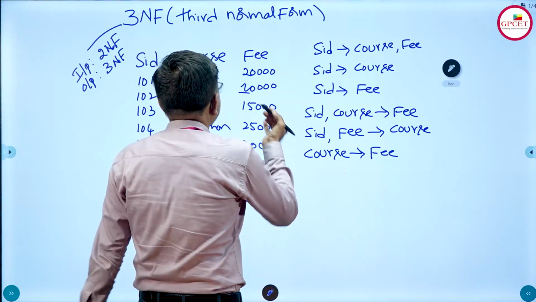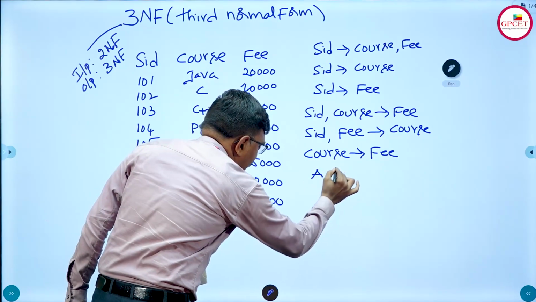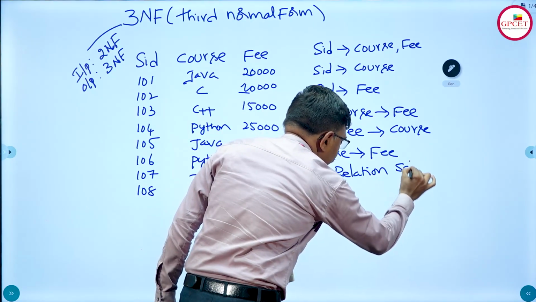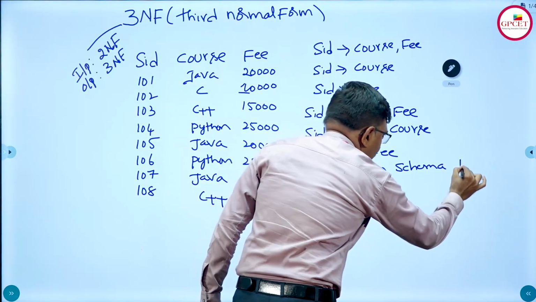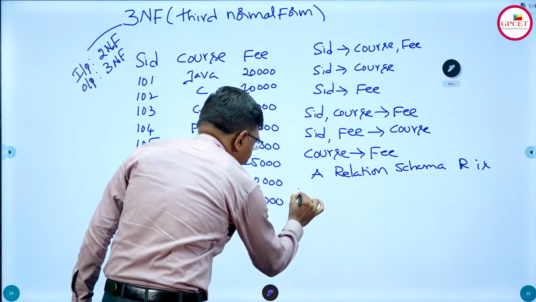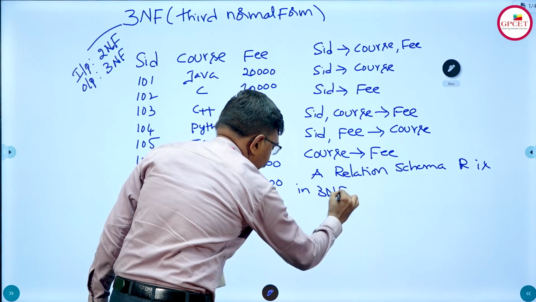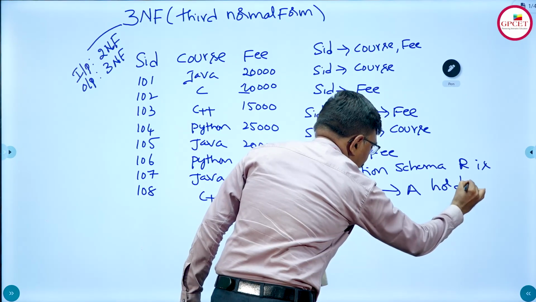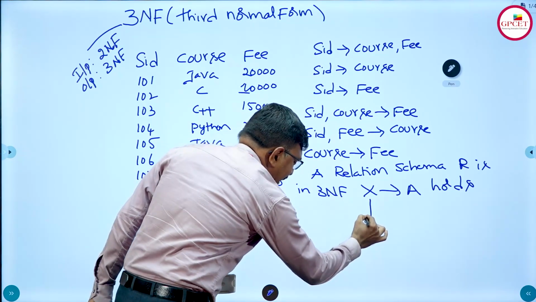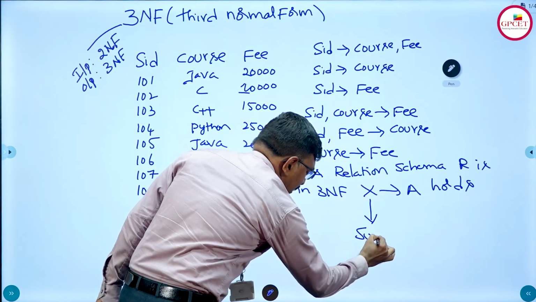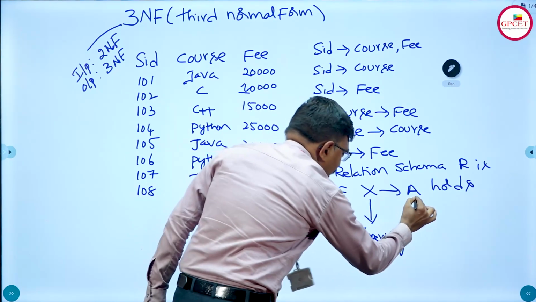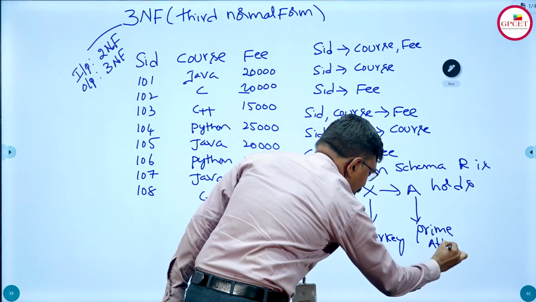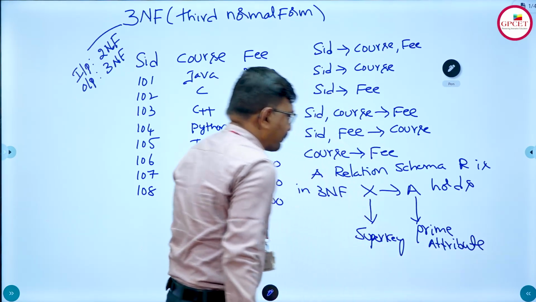And what is the actual definition of third normal form? A relation schema R is in 3NF if, whenever X extends to A holds, either X is a super key or A should be a prime attribute, that is, a key attribute.